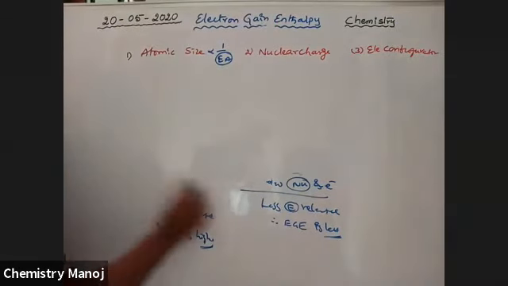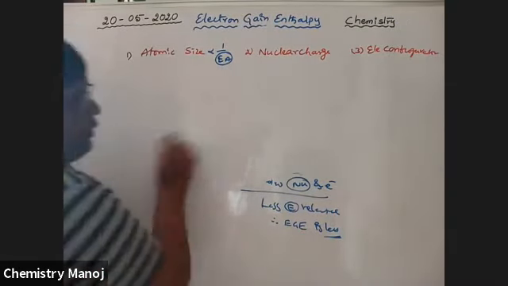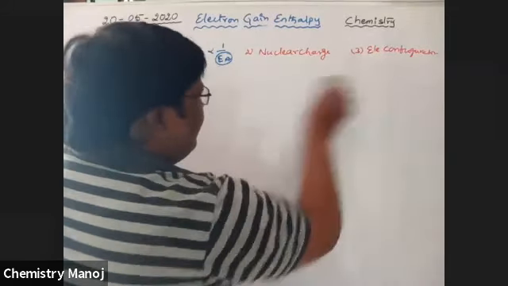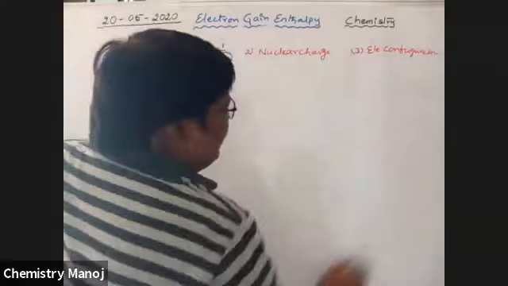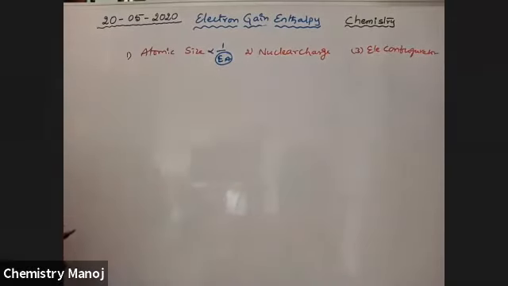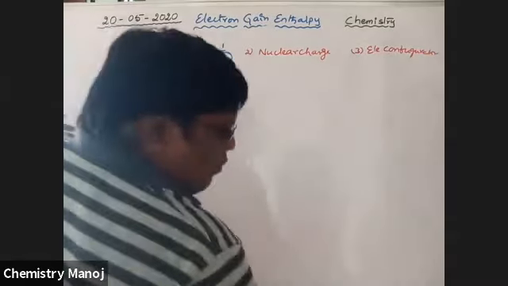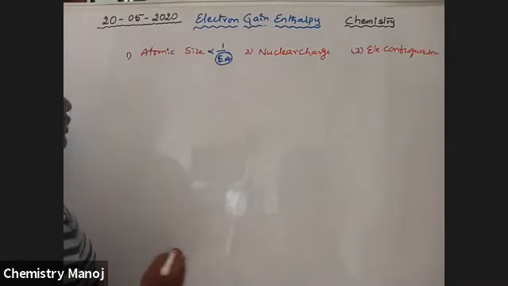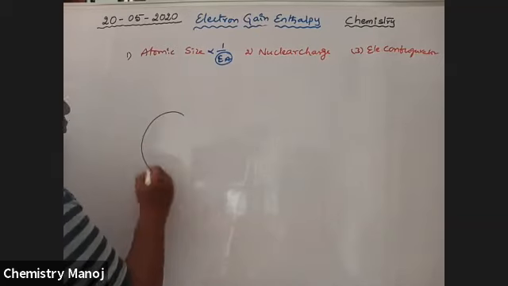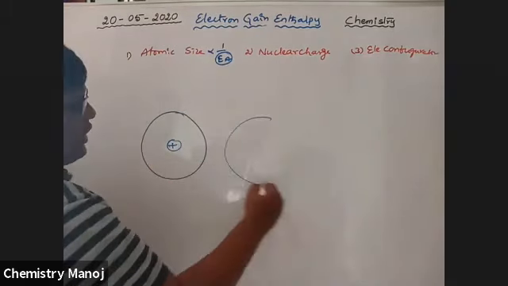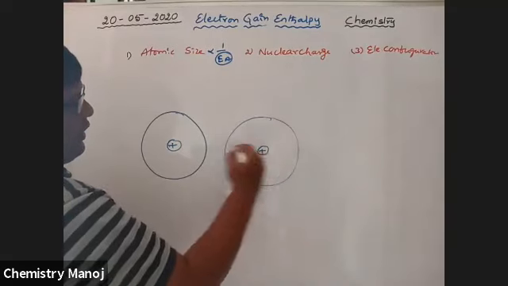Now, nuclear charge, effective nuclear charge. You already know that effective nuclear charge is more because of the screening effect and so on. So this is an atom with its nucleus, and this is also an atom, the nucleus of another atom.